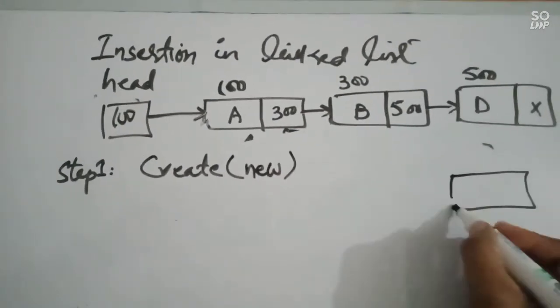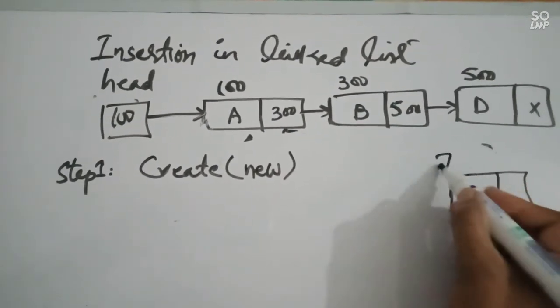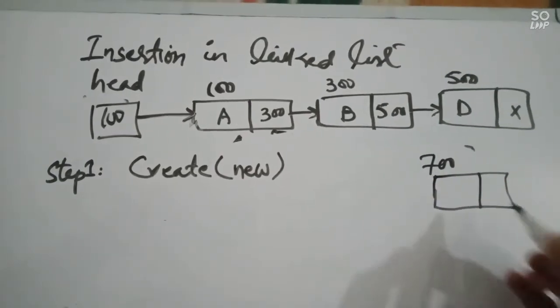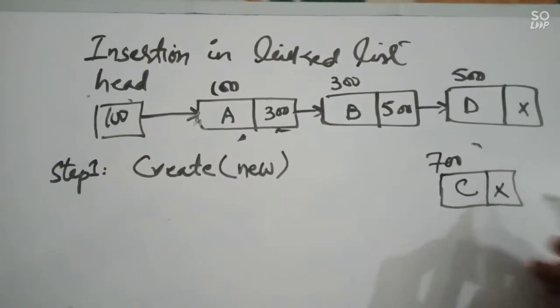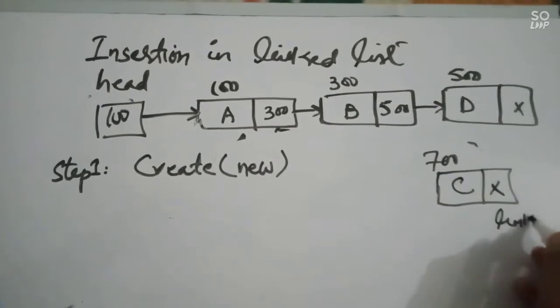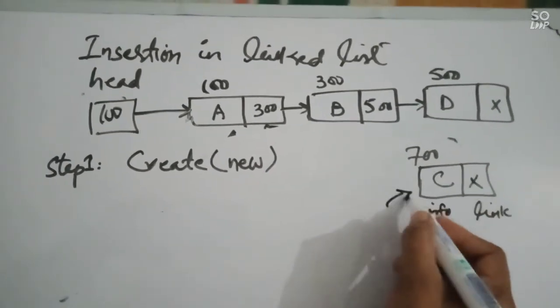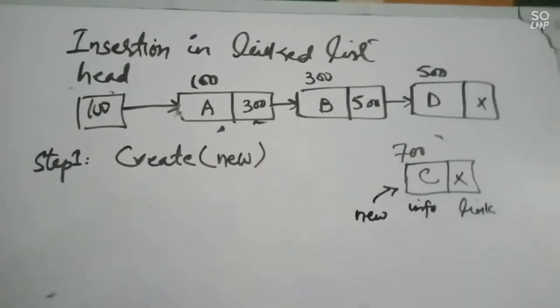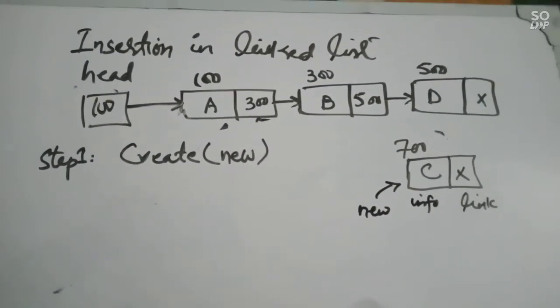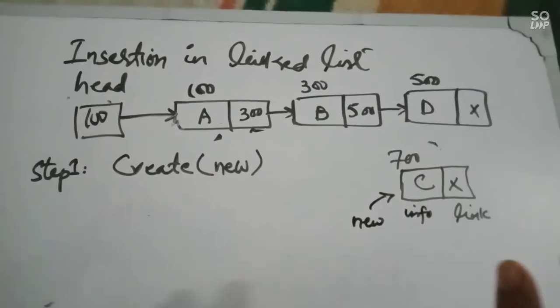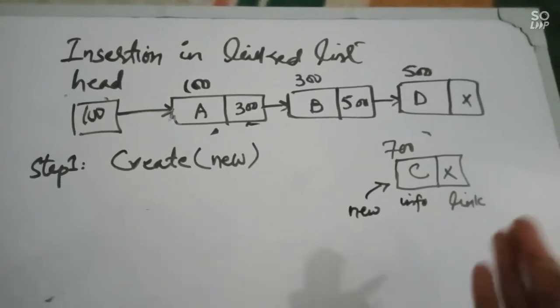Somewhere in memory a node has been created with some information in it, its link is null and info is C, and a pointer new is pointing to this node. Now we want to make it the tail.